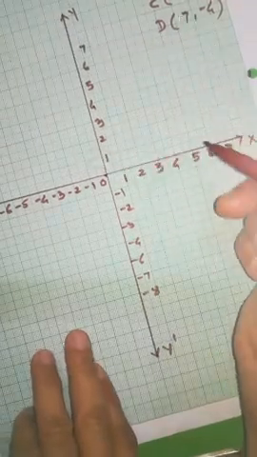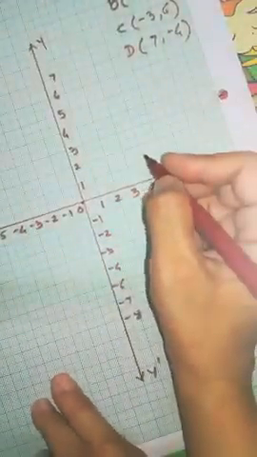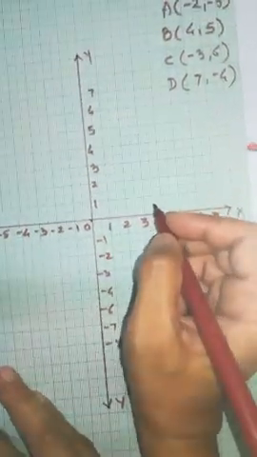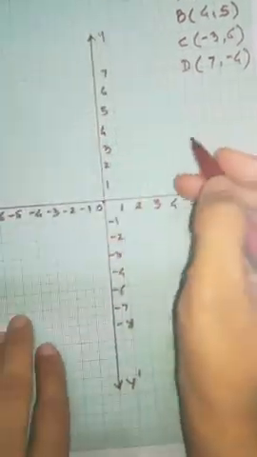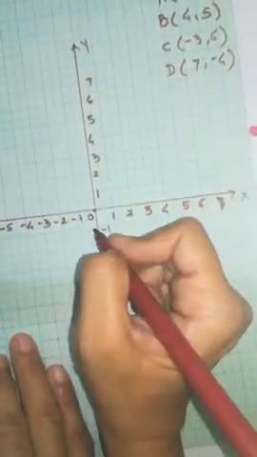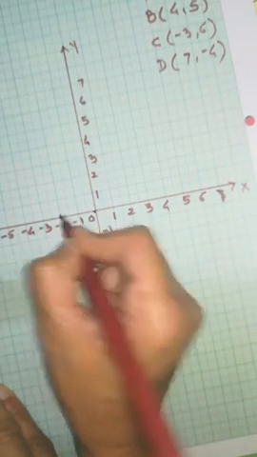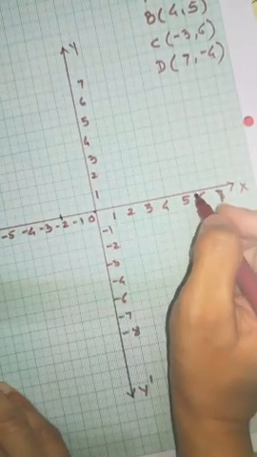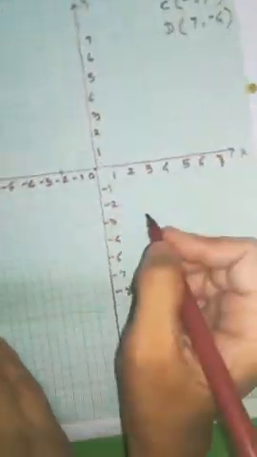So take the example first, A, -2, -3. So where is that point? -2 is the value of the x coordinate and -3 is the value of the y coordinate. So where is -2 first? Search for it. Yes, it is on the left hand side. This is -2. Where is -3? We know that on the y-axis negative points are below.